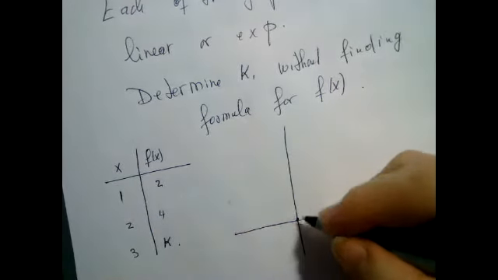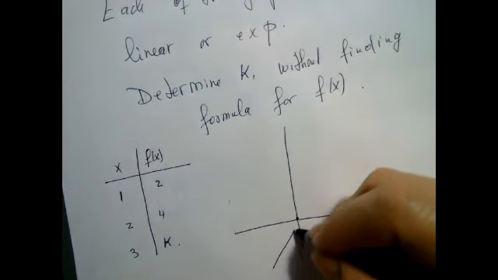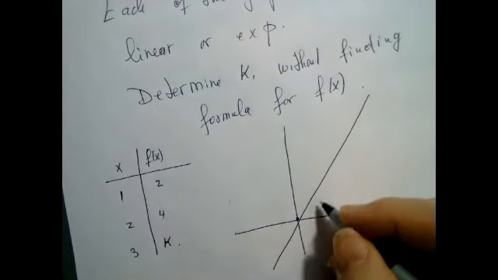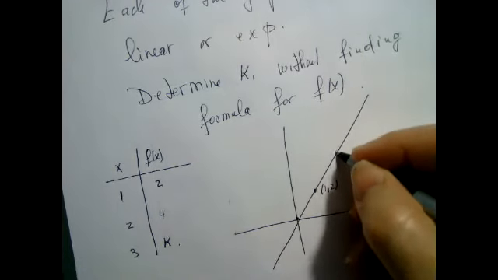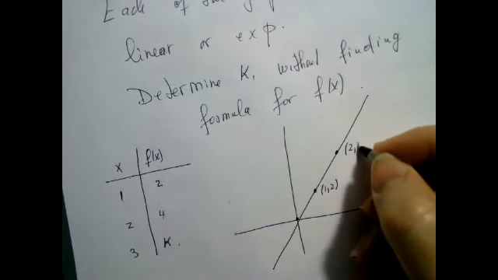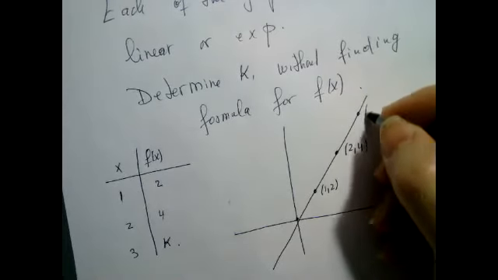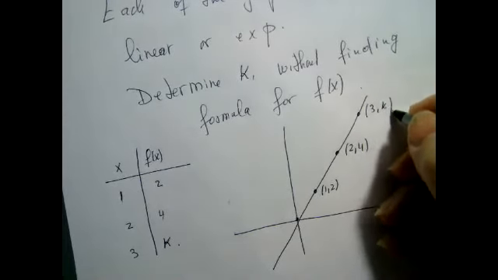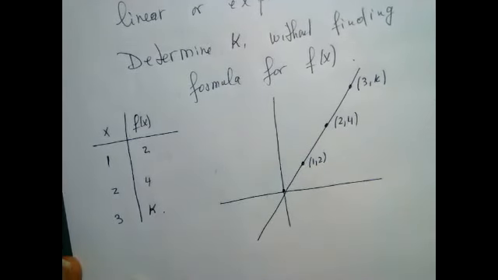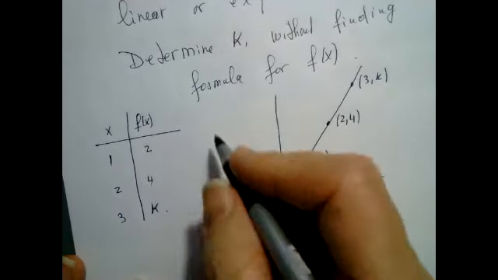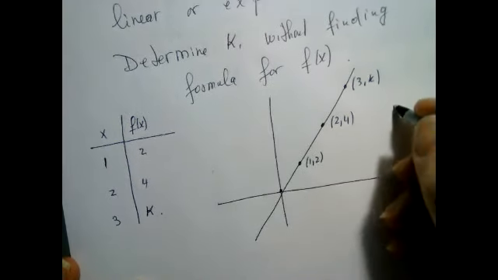And this is my graph. So my points are 1, 2, 2, 4, 3, okay. My question is, without basically finding a formula or anything, what's the k in this problem? Very quickly.